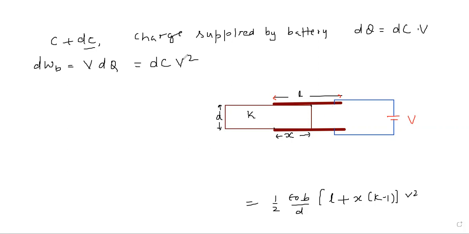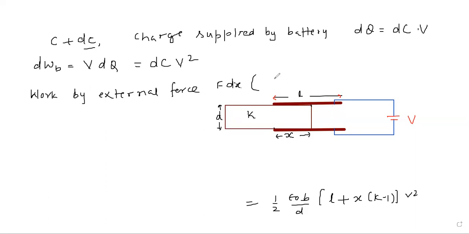Now, the external force will do some work in the movement of the dx portion. The work done by the external force will be F dx, but it will be in the opposite direction, so we write it as minus F dx.